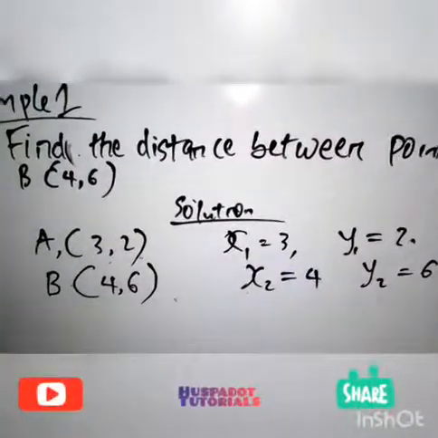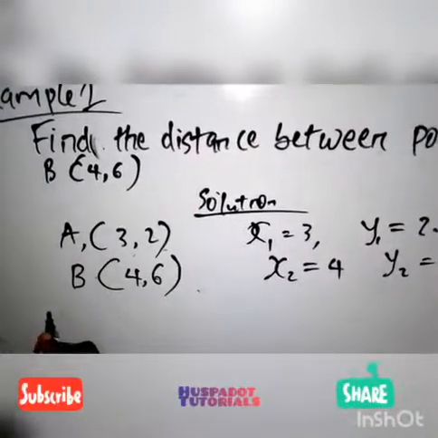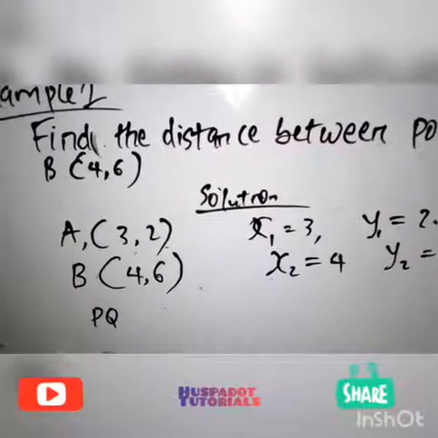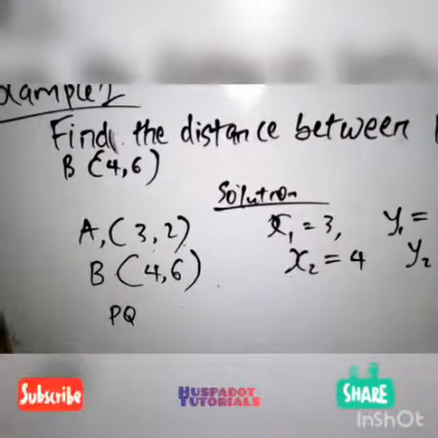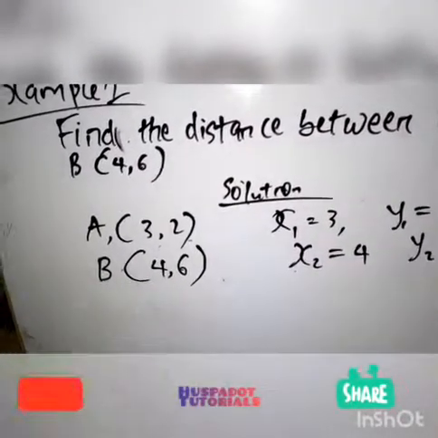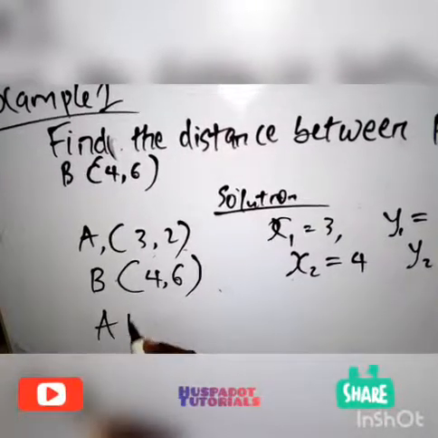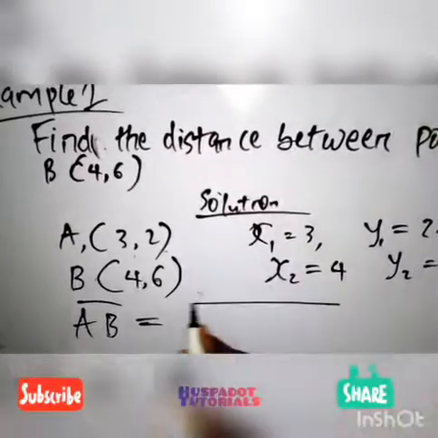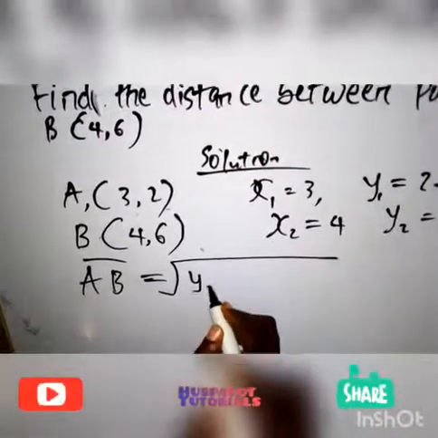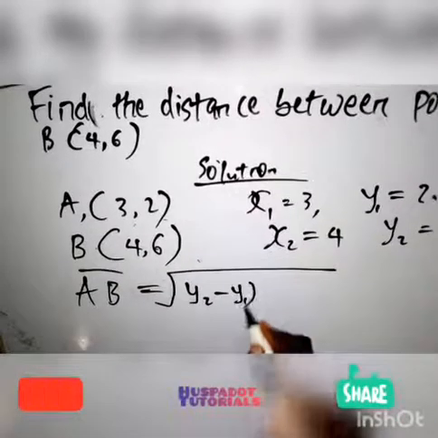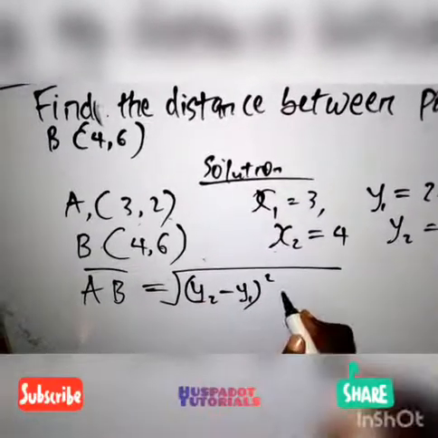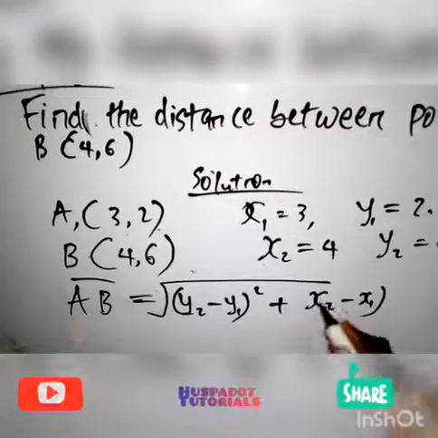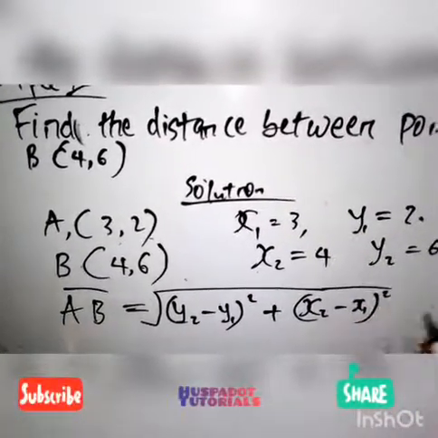So using the equation we derived, now PQ, that's the distance between our 2 points. Our 2 points now are no longer PQ, it is now AB. And the line AB is the same thing as the square root of y2 minus y1 all squared plus x2 minus x1 all squared.